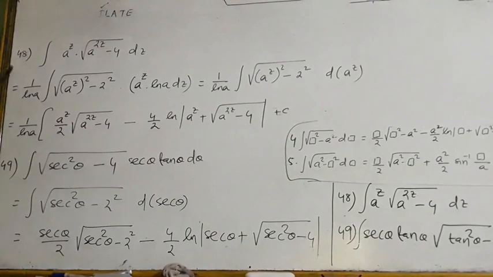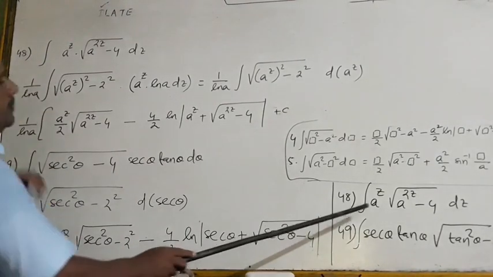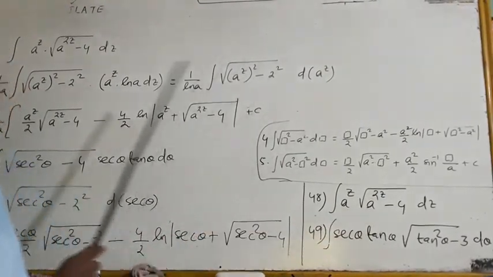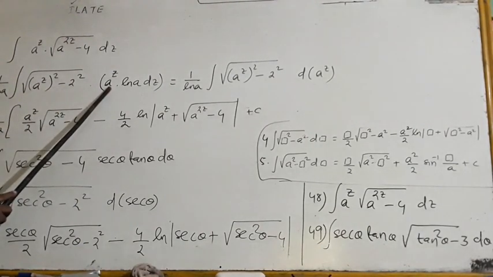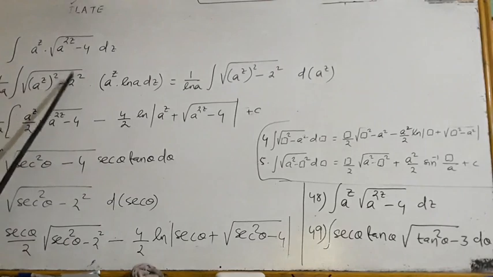Look at number 48. It is the integral of root of a to the power 2z minus 4 dz. I am writing a to the power z whole square minus 2 square, and the derivative of a to the power z is what? A to the power z into ln a.